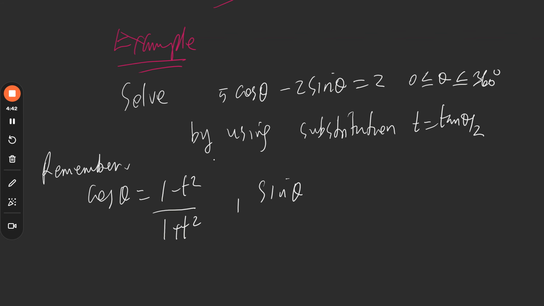Now substituting back into the equation, you'll be having 5 multiplied by 1 minus t square over 1 plus t square, minus 2 times 2t over 1 plus t square, equal to 2.